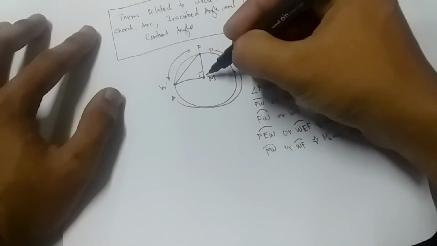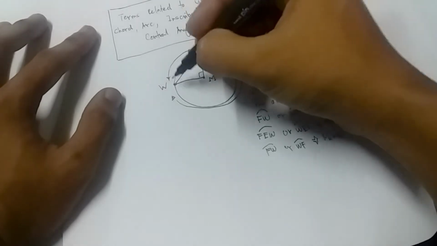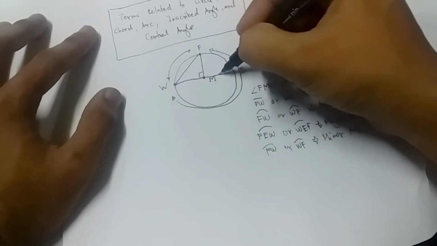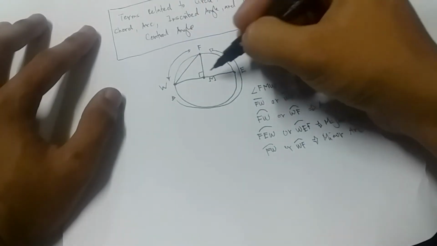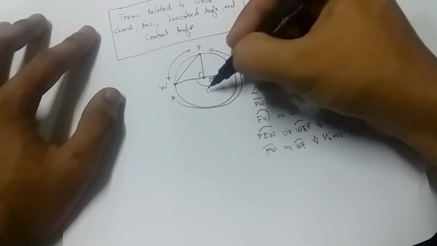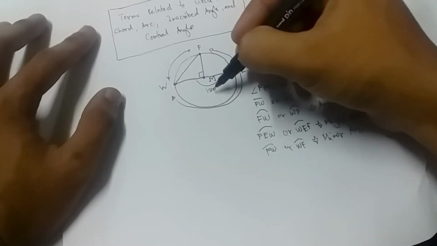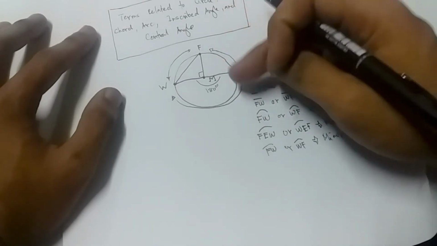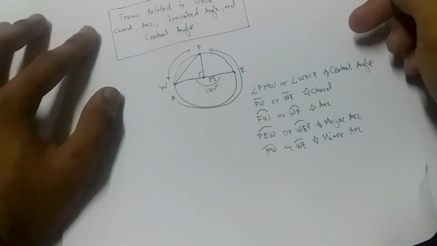we can notice here that we have the diameter of the circle from point W to the point E, right? Which measures 180 degrees. So this diameter divides the circle into equal parts.